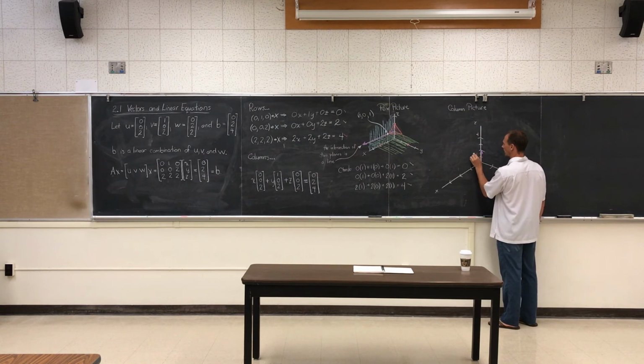Something like that. Okay, there we go. So 1, 0, 2, that's right here. That's the vector. There is my vector v.